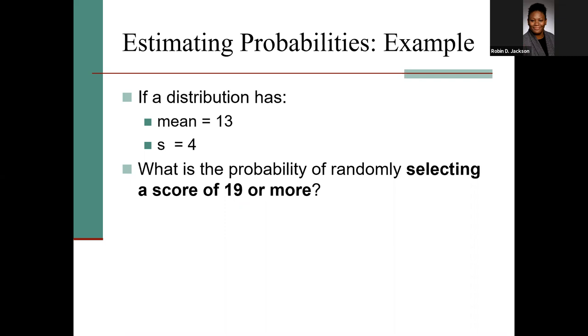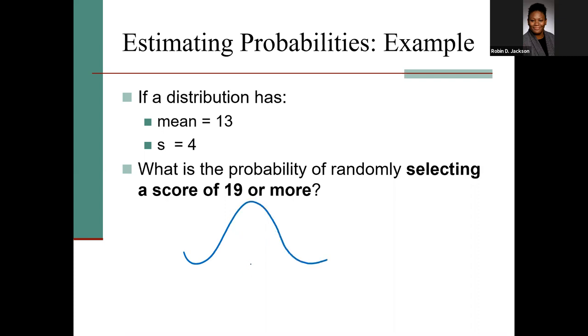That portion, selecting a score of 19 or more, lets us know that we're looking for a score above the mean. So remember, in part 2 of the lecture, when I was going through and figuring out what the scores are, this is again where drawing this stuff out comes in handy. So let's say you draw this out.